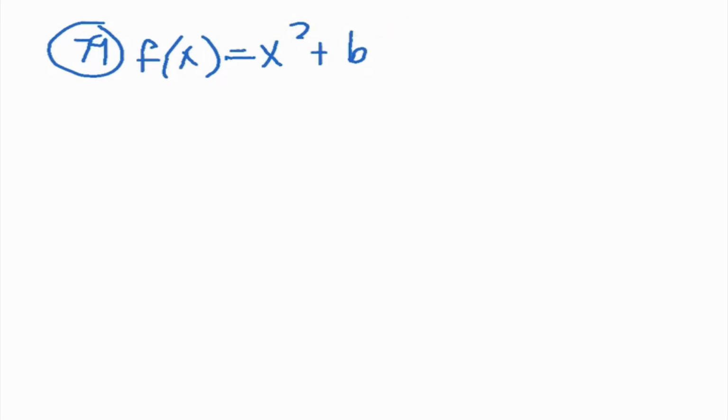We said if all the exponents are even, and that includes constants, then it is an even function. If all the exponents were odd, and in those problems we could not have a constant, that means it is an odd function. And if there's a mix, we would say that it is neither. So in this case, I would say this is an even function.